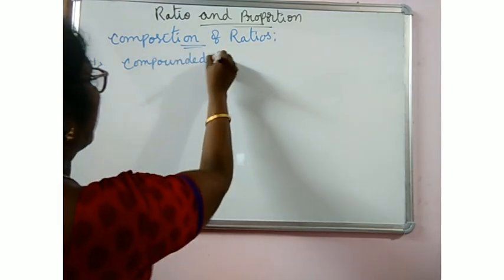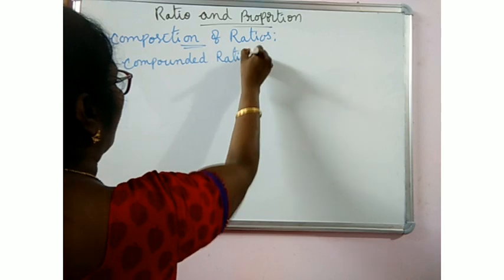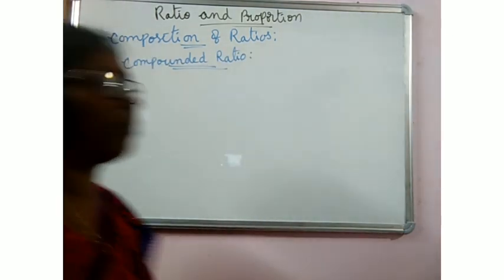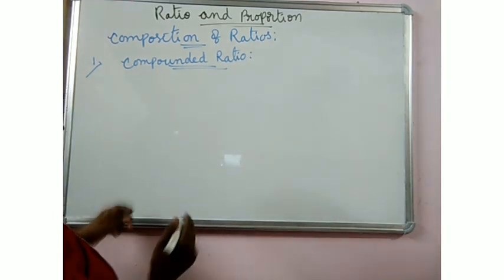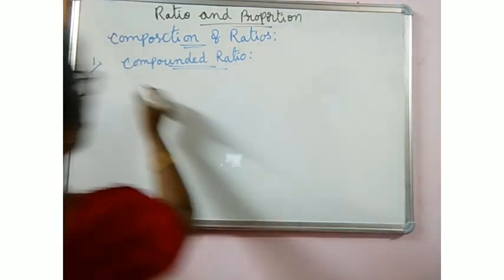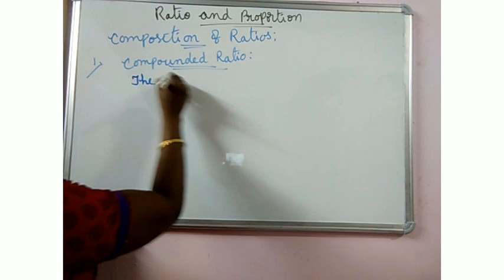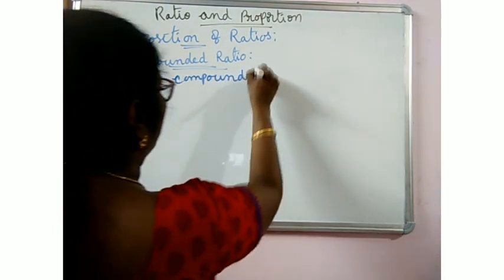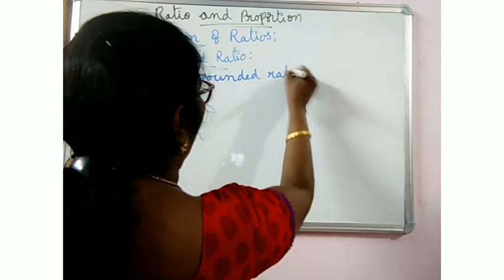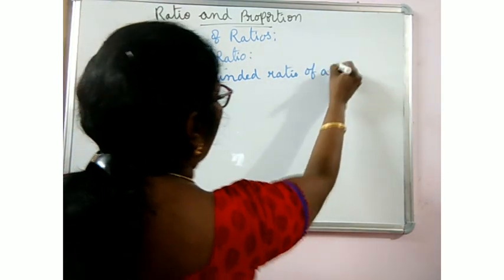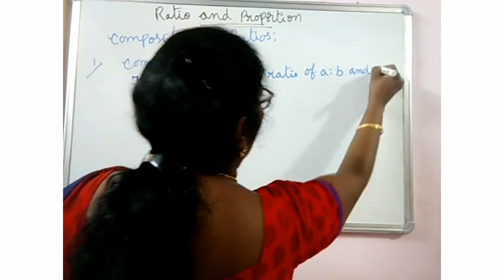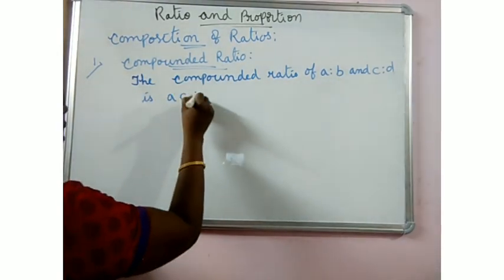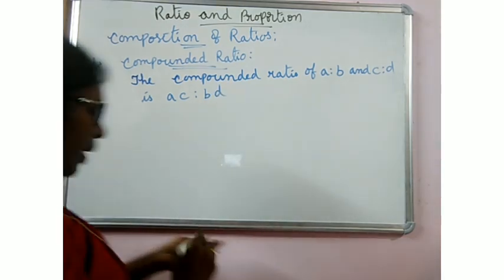What is compounded ratio? The compounded ratio of A is to B and C is to D is AC is to BD.